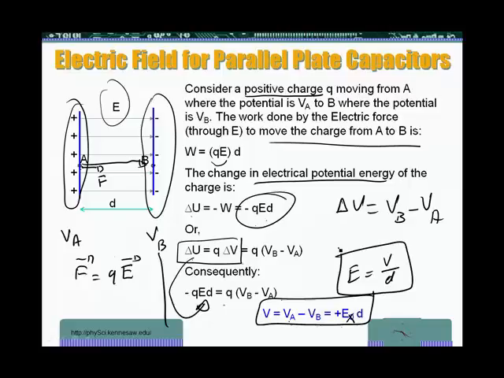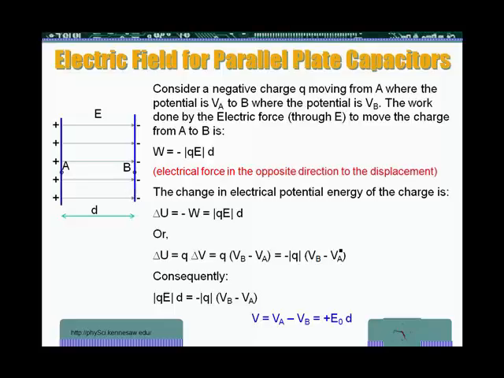Okay, I did this analysis with a positive charge. I do it here with a negative charge. Okay, so we are going to do the same thing, but we are going to take the negative charge from A, where the potential is high, to B, where the potential is low.